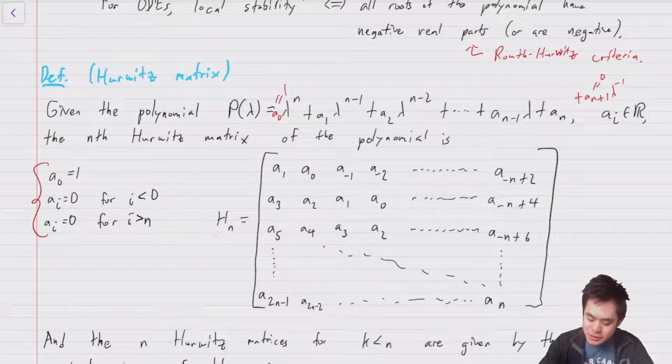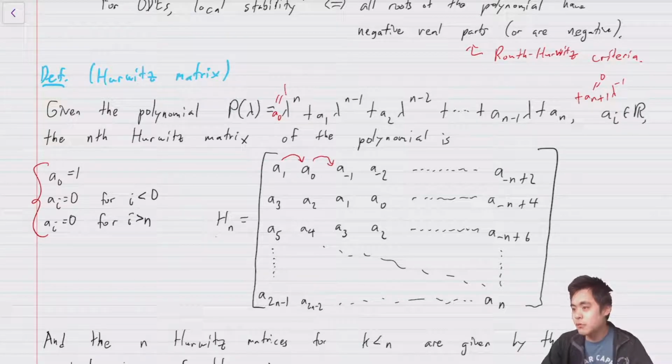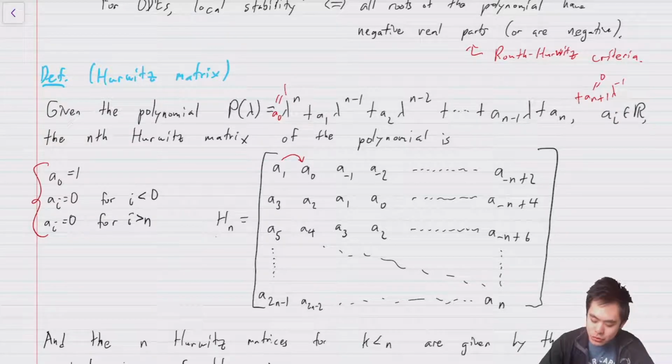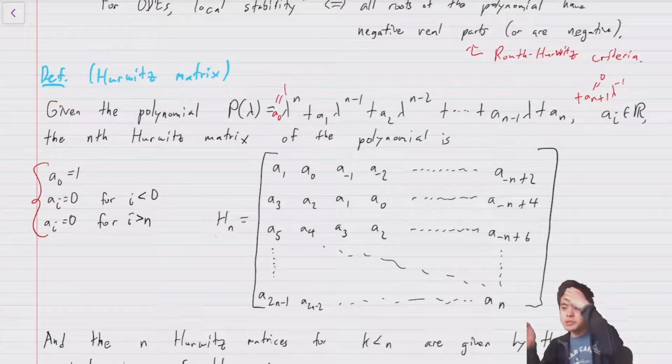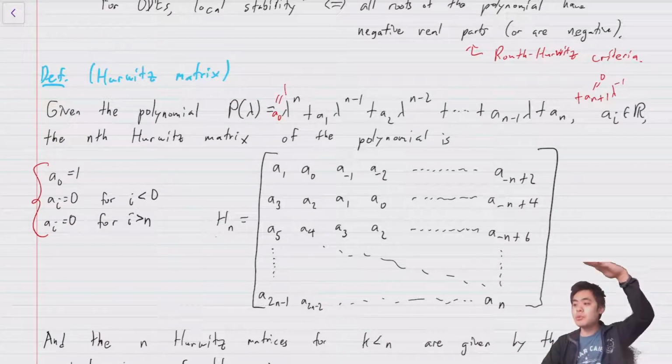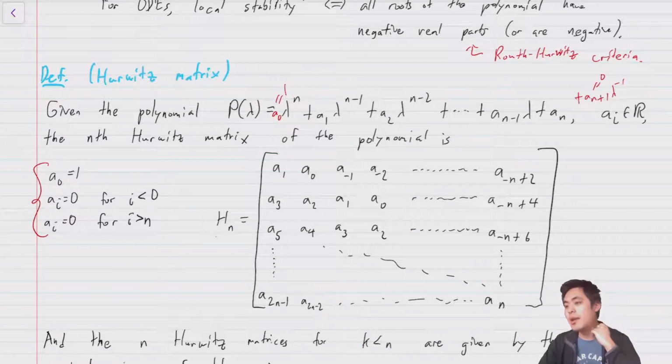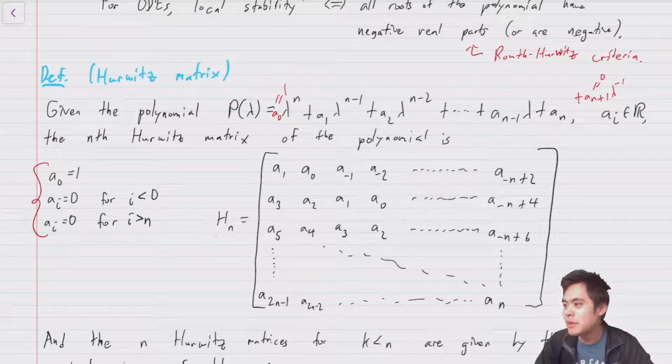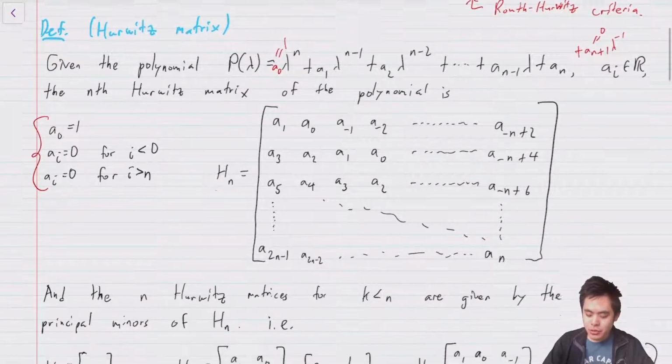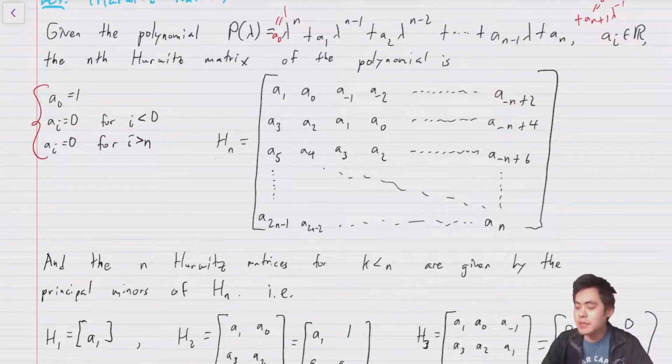Okay, and then we wrote this Hn matrix where, as you go along a row, you subtract the coefficient index by 1. So from column 1 to column 2, you subtract the coefficient index by 1. And from row 1 to row 2, as you go down, you add 2 to the coefficient index. And then, of course, a lot of these entries are just 0.